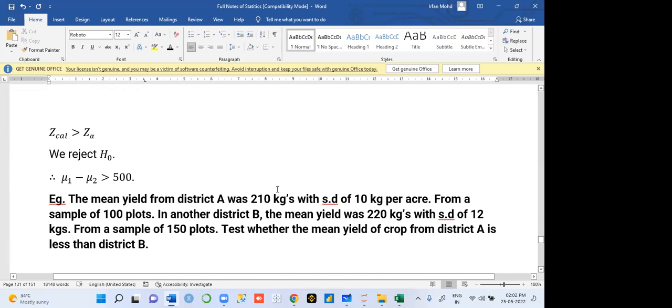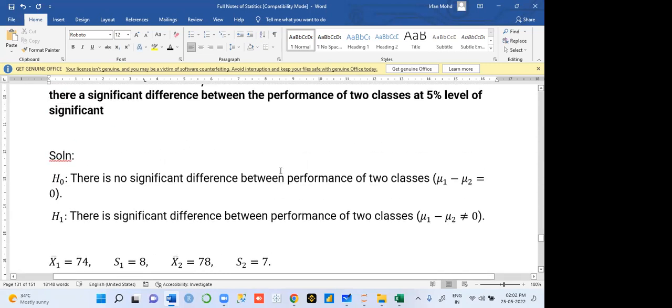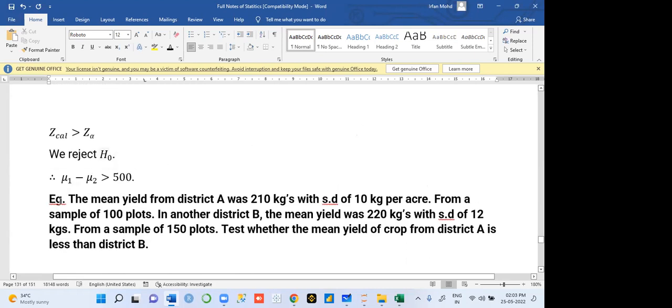Let me check. Yes, write faster. Guys, write this example and try solving. You have to frame the hypothesis also and try solving this one.